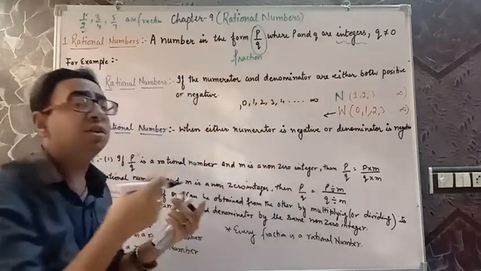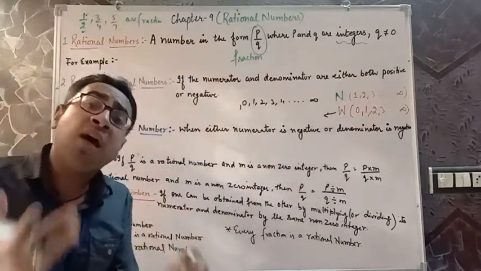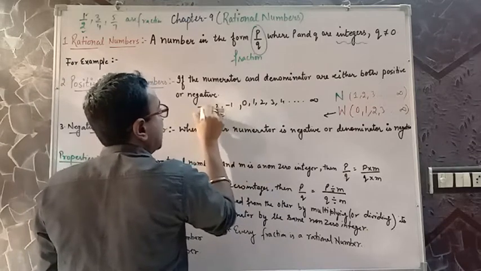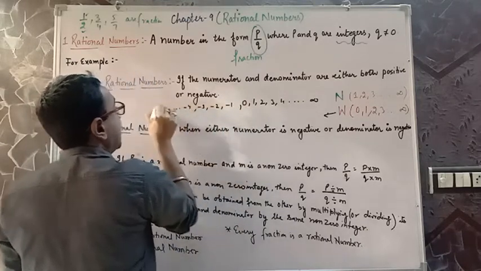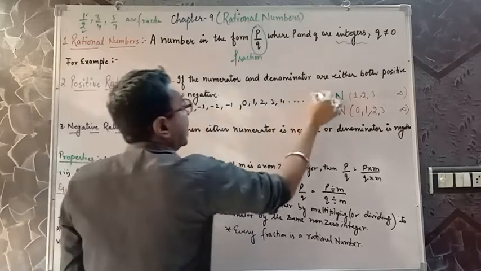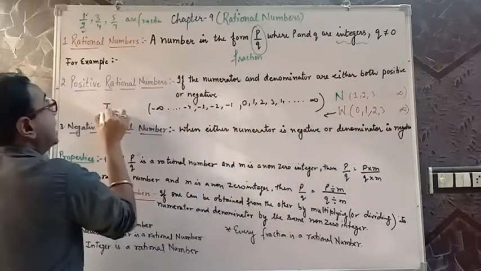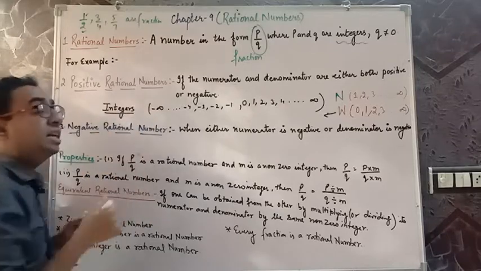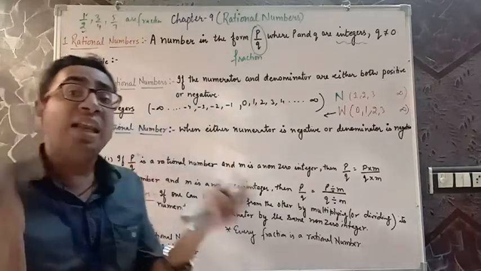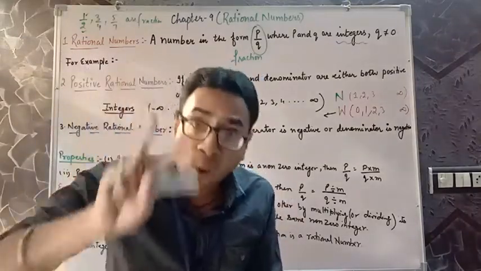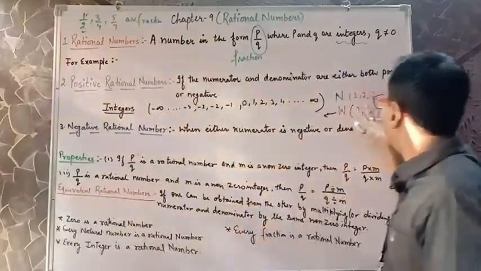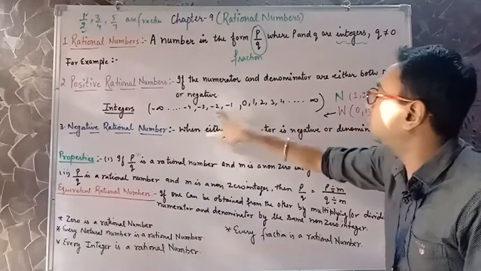Then they made another set, the negatives of natural numbers: -1, -2, -3, up to minus infinity. And they called it integers. Yes or no? So what are integers? The collection of whole numbers and the negatives of natural numbers: 1, 2, 3, -1, -2.